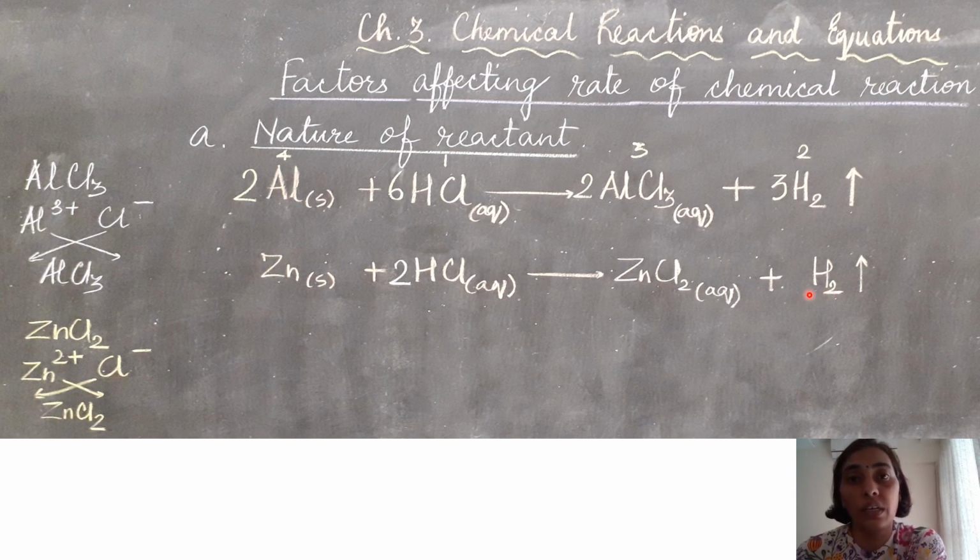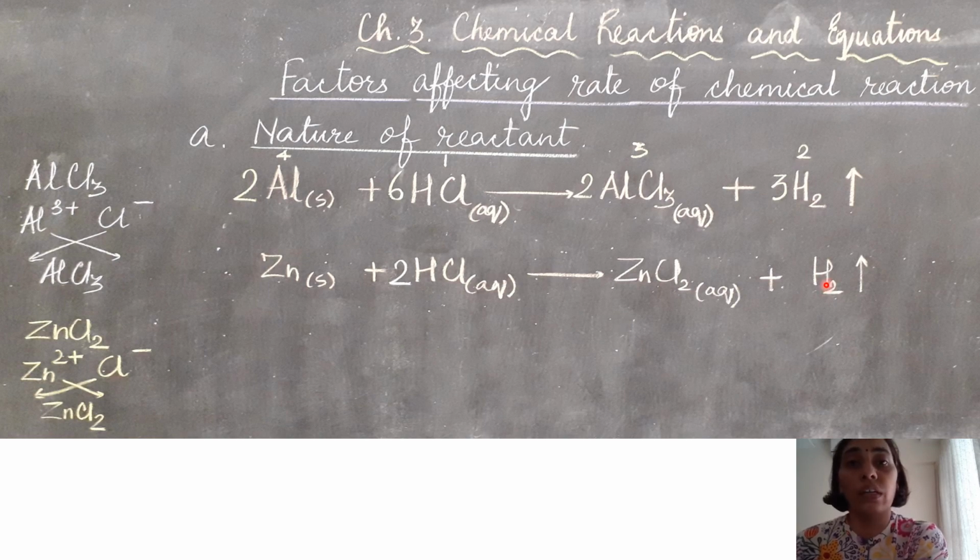What is to be noticed here? The thing that is to be noticed is that in which reaction is the evolution of hydrogen gas faster, whether it is with aluminium or whether it is with zinc, because in both these metals are made to react with hydrochloric acid only. So in which of the case is the evolution of hydrogen gas faster? So if we observe, we find that the evolution of hydrogen gas is faster with aluminium, whereas in zinc, the evolution of hydrogen gas is slightly slower.